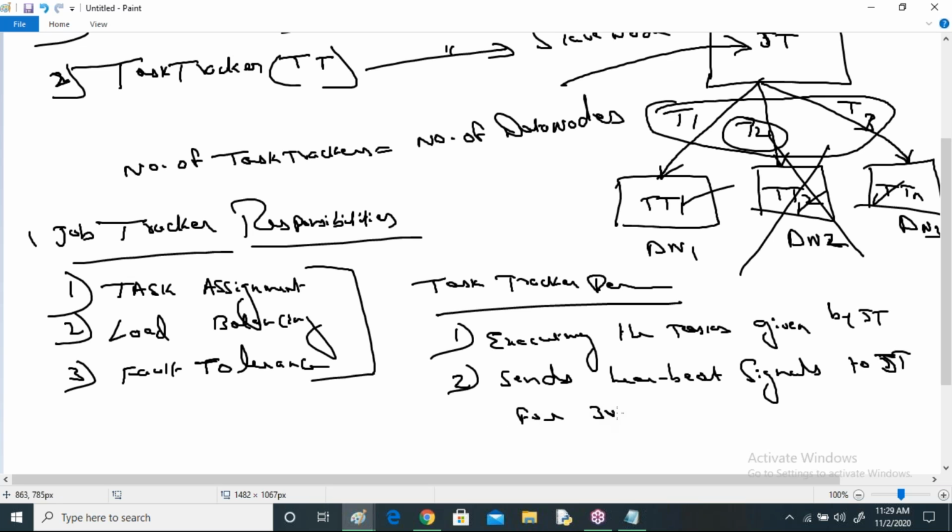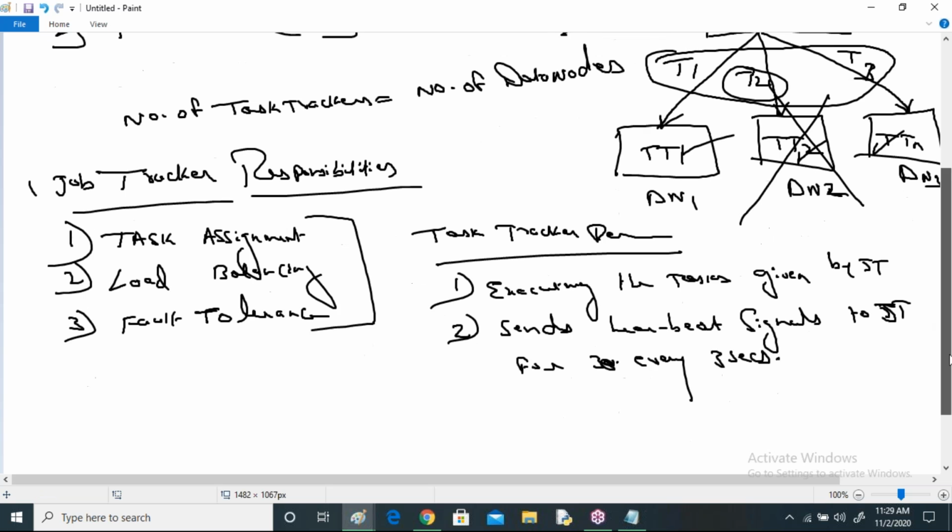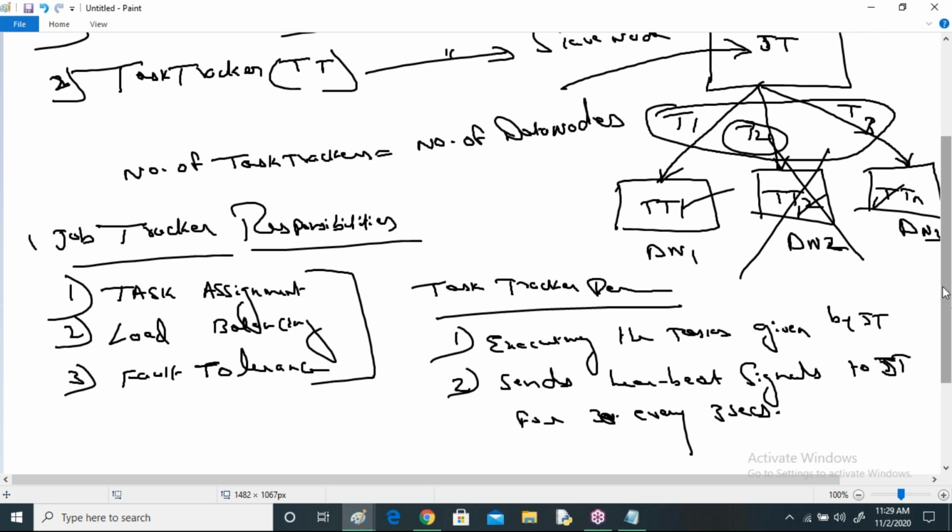How does the job tracker come to know that a particular task tracker is down? Based on heartbeat signals. If the heartbeat signals are missing, the job tracker thinks the task tracker is down, and immediately it is going to reassign the task.